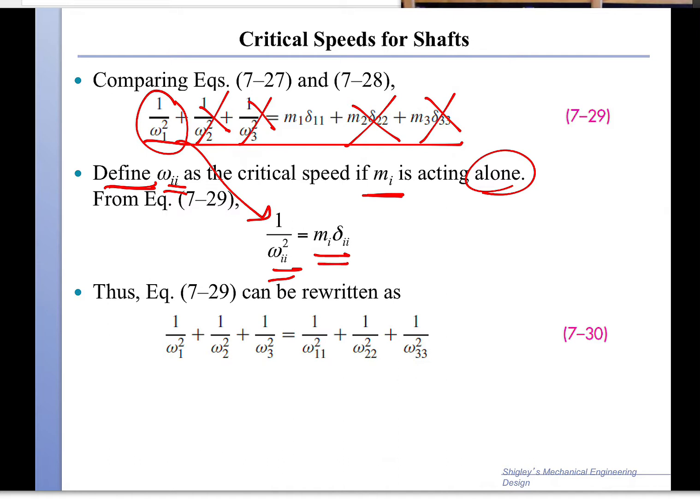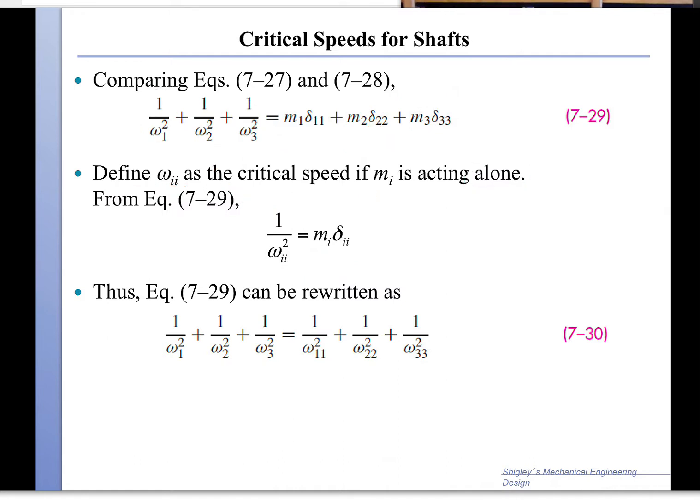So this is redefining mi delta ii as a new quantity, just writing it as 1 over omega ii squared, as if we have just one single mass that is rotating. So when we do that, the sum of the 3 roots is obtained by replacing the masses times the influence coefficient by the defined critical speeds if the masses act alone, and we obtain this equation 730.